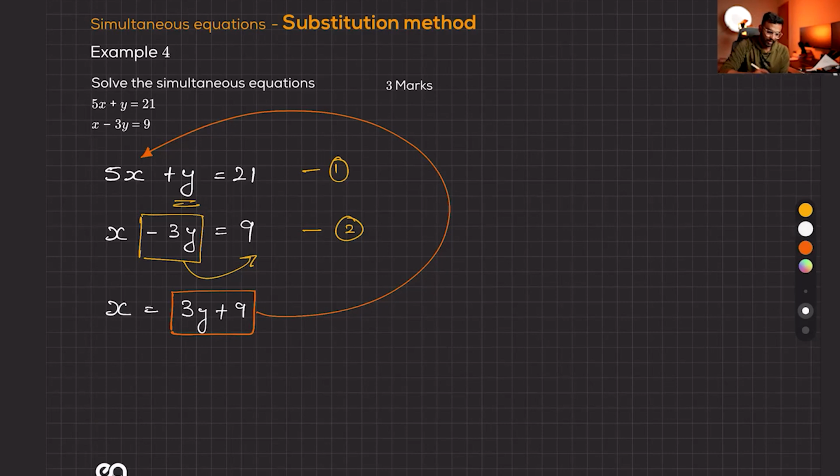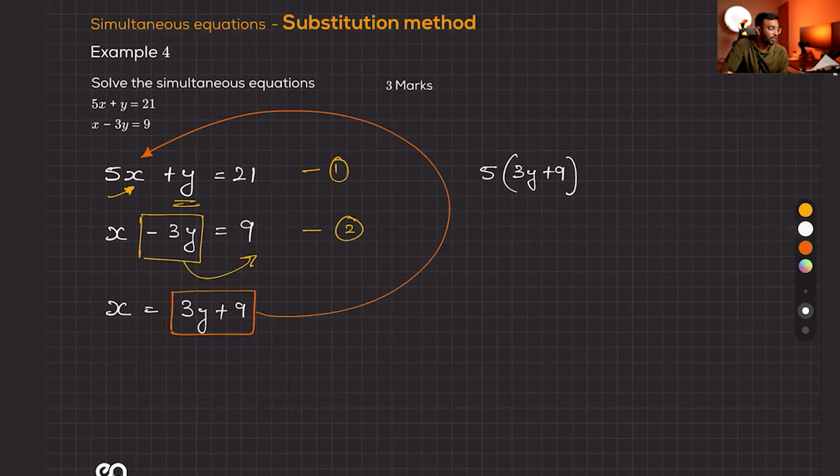Cool stuff. Now I'm going to rewrite that 5. Instead of x, what should we write? Can you guys type in? Instead of this x here, what should we write? 3y? Not 3y, 3y plus 9.